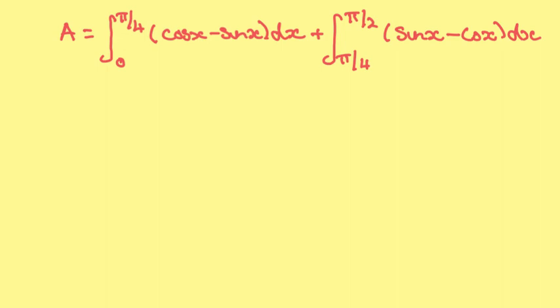Therefore, the area is given by the integral between 0 and pi over 4 of cos x minus sine x dx plus the integral between pi over 4 and pi over 2 of sine x minus cos x dx. I'm going to solve this using GDC.